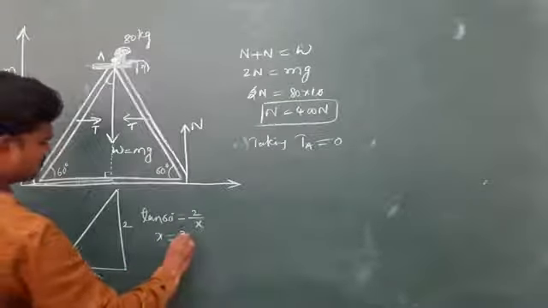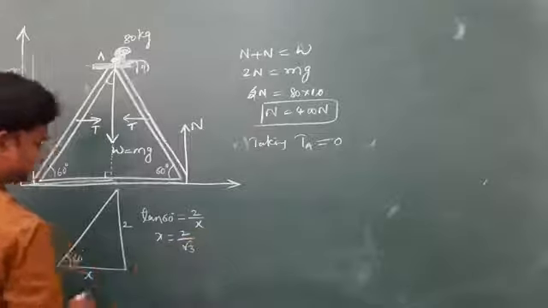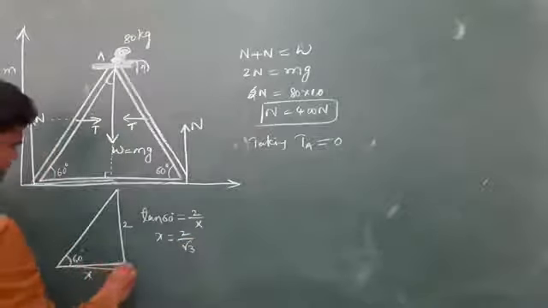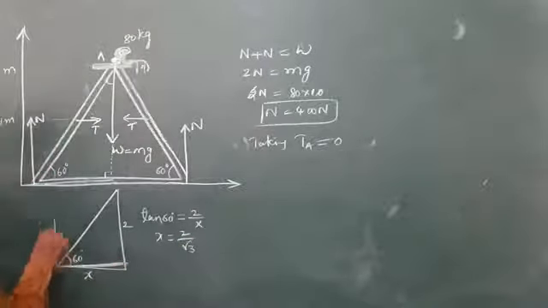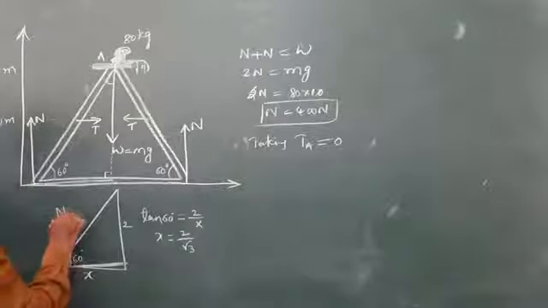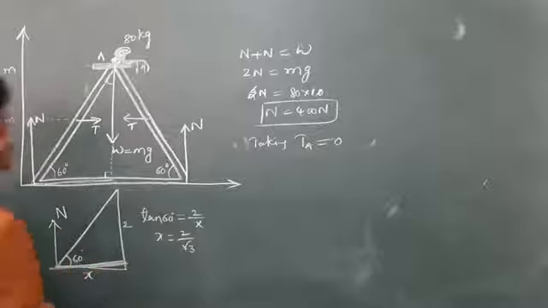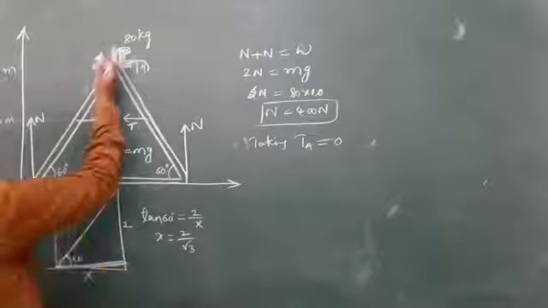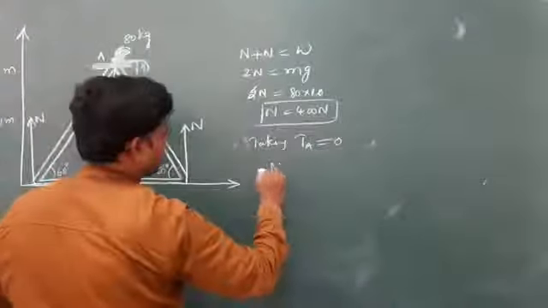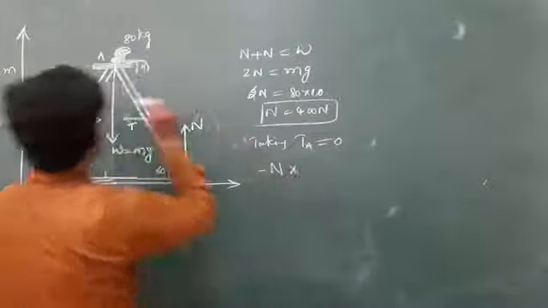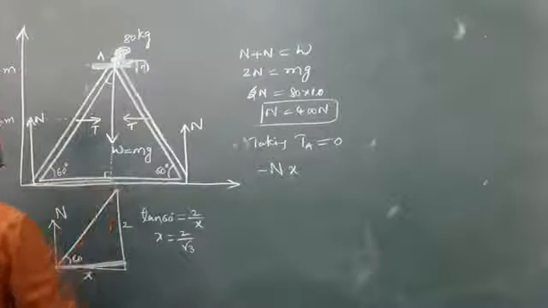X is equal to 2 by root 3. So this is the perpendicular distance for this N, the perpendicular distance is X. This is the right side, so minus N into X.